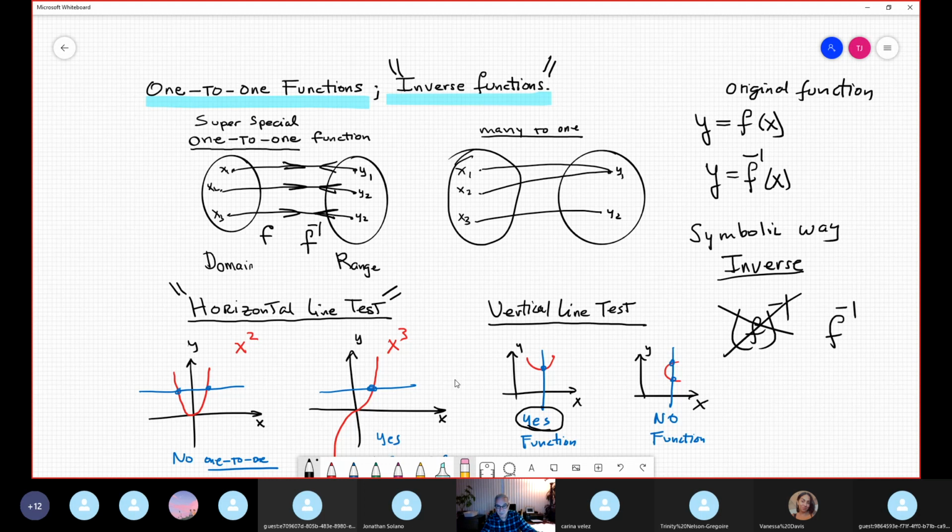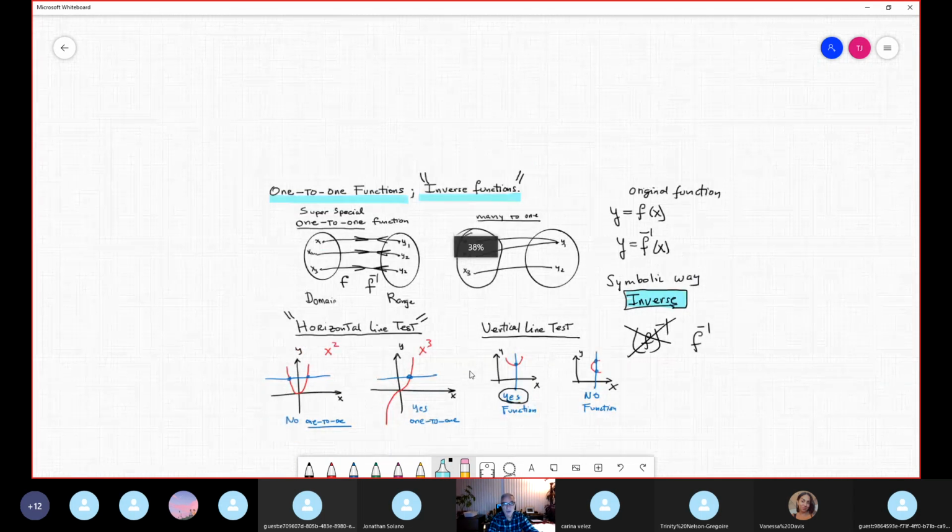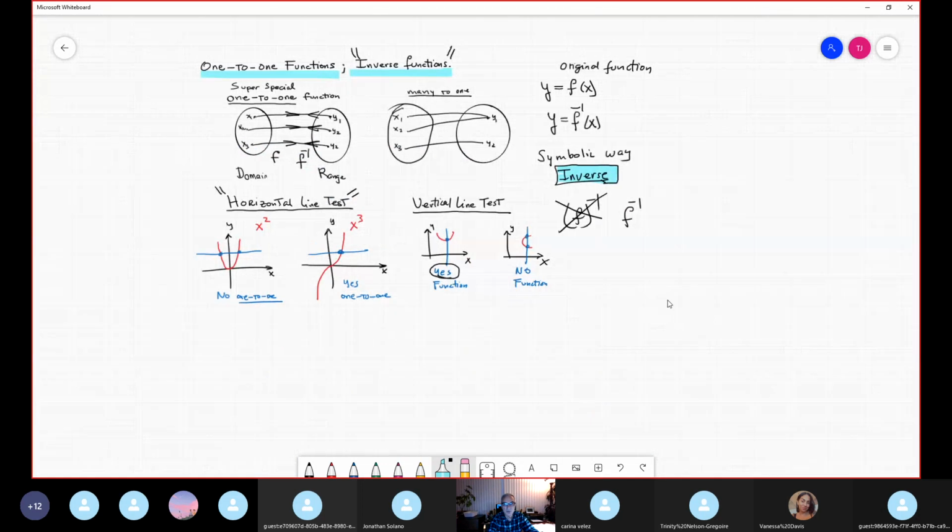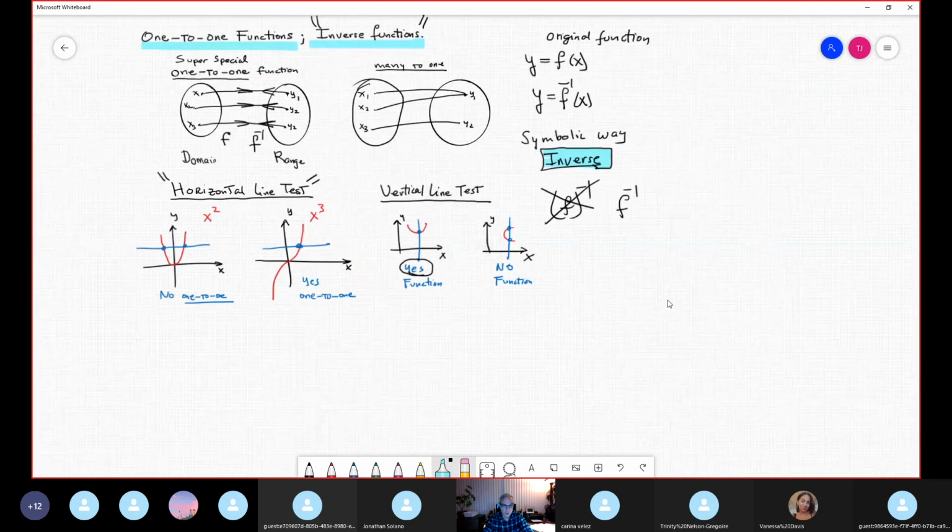This is inverse. Okay, professor, I understand this. But what does inverse function mean? Well, are you familiar with inverse functions? Because, for example, addition and subtraction are two inverse functions.